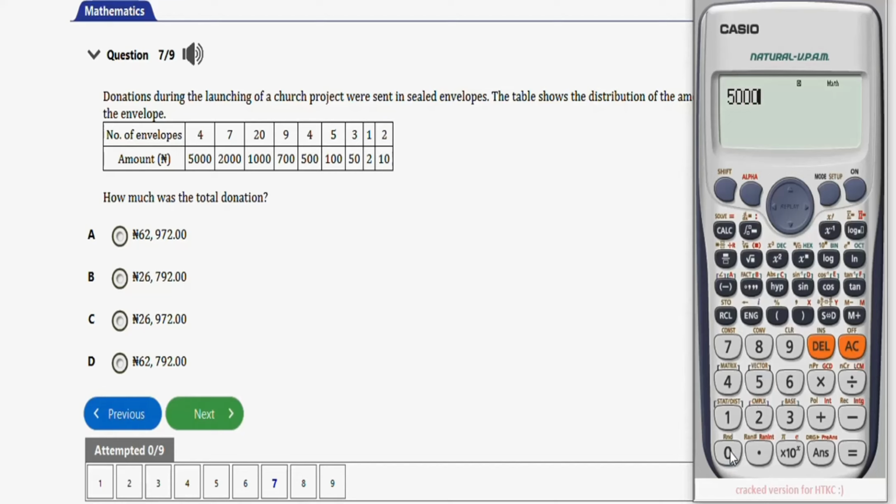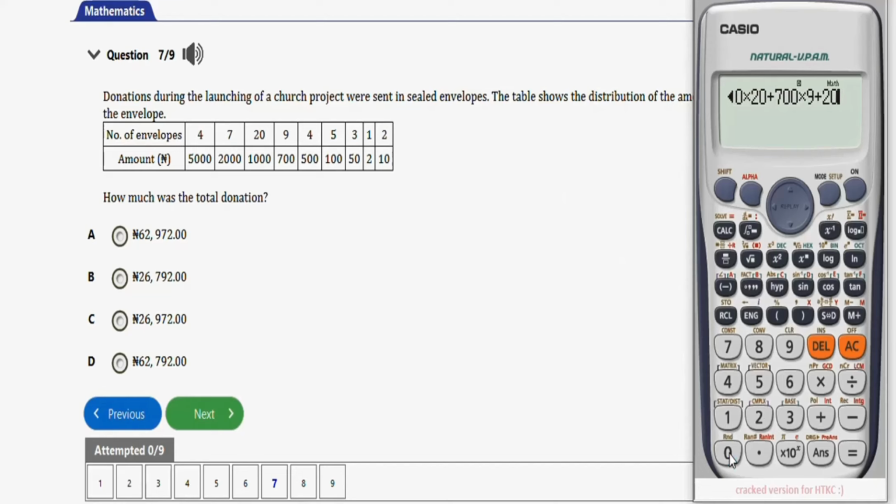The 5,000 times 4, then add it, plus we have 2,000 times 7, then plus 1,000 naira times 20, okay, then plus 700 naira times 9, then plus 500 times 4 will give you 2,000.